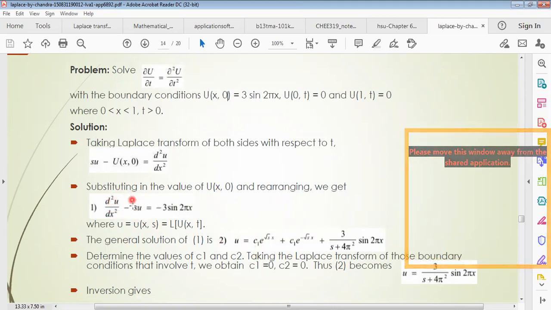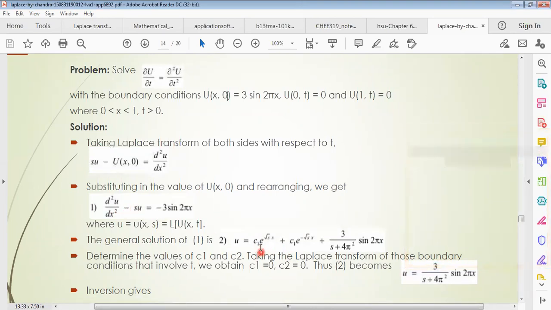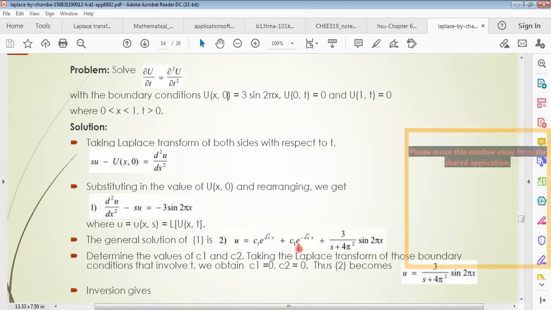First of all, taking the auxiliary equation m squared minus s equals 0, that means c1 e to the power root s x plus c2 e to the power minus root s x. So m squared equals s, so m equals plus or minus root s. This is why, using the auxiliary equation, we get this solution.